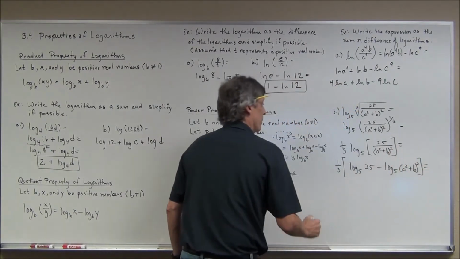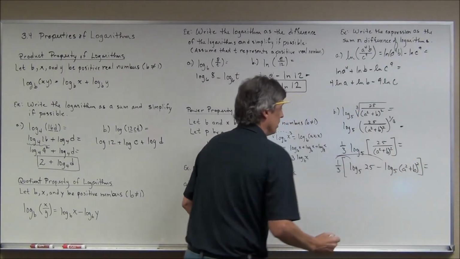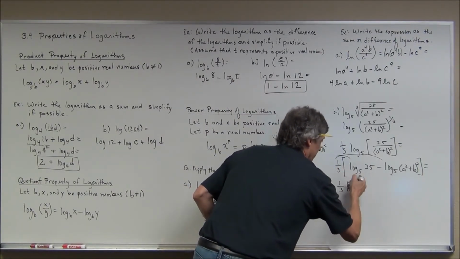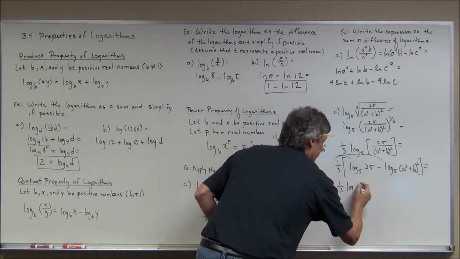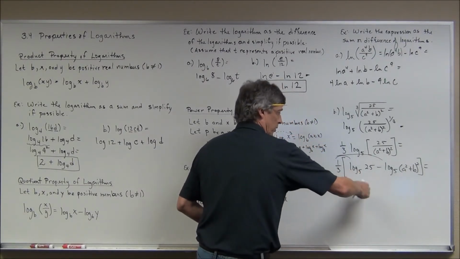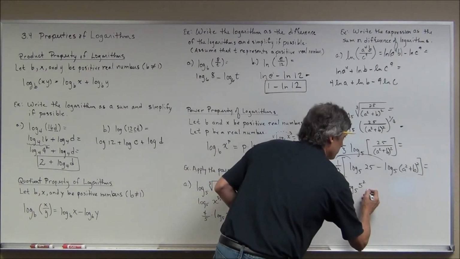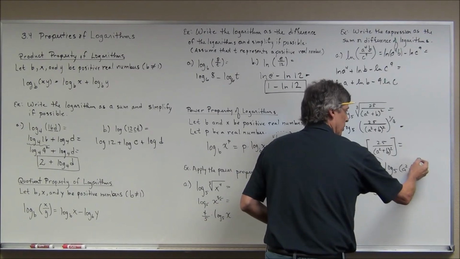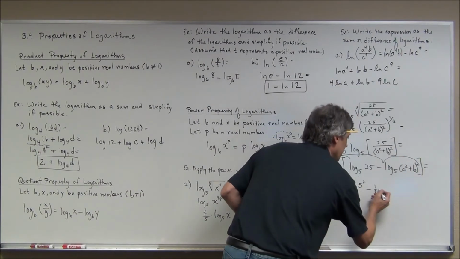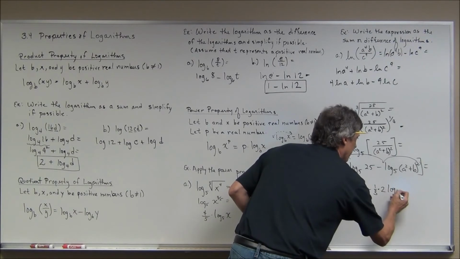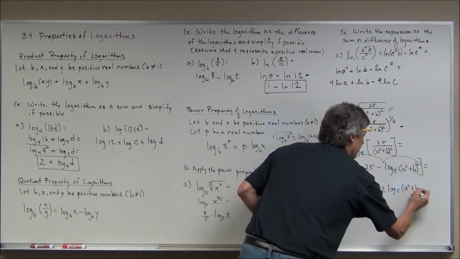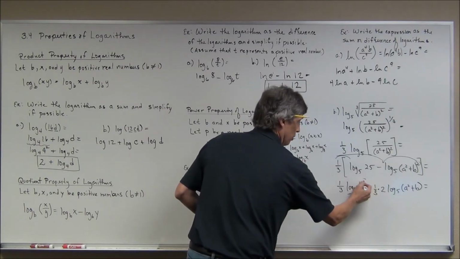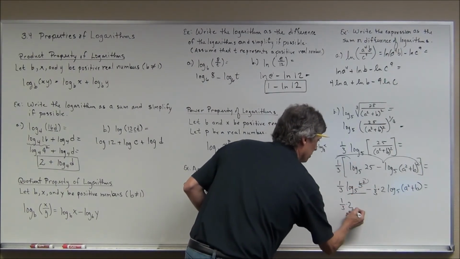Now I'm going to distribute the 1/3, and as I do that, I can see with the log base 5 that 25 is just 5 squared. So I can use one of the basic properties of logarithms, minus 1/3 times, now notice here, I have a 2 that I can bring out in front, times 2, the log base 5 of a squared plus b, that's the power property. Well, this is just 2, so I have 1/3 times 2.